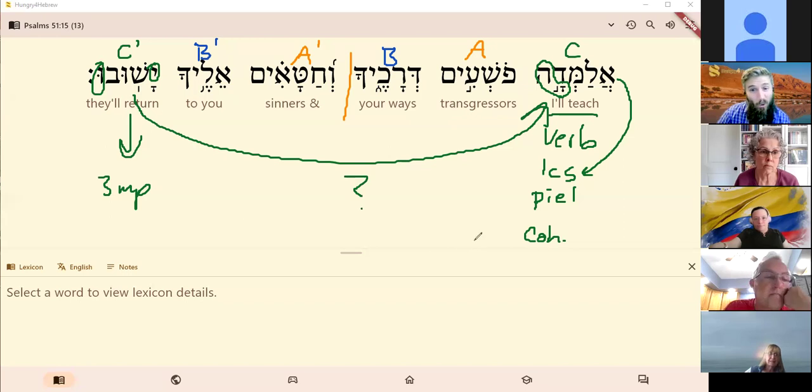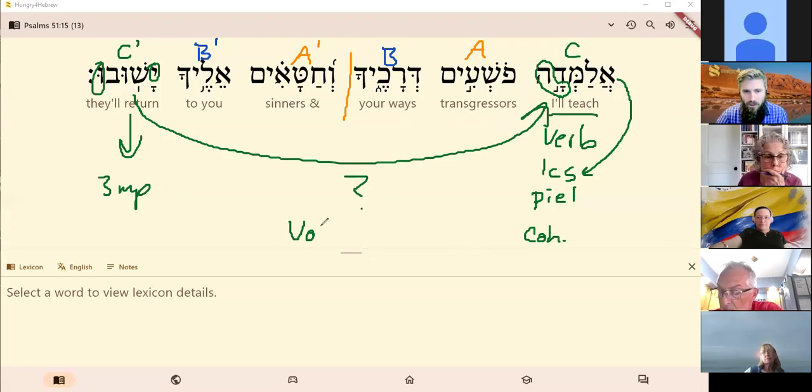But we just had a cohortative. It's going to be a cohortative. Let me, not a cohortative. Right. Cohortative is first person, so it is probably going to be a volative. What I'm trying to get at is the volative forms in the third person, like this one here, Yashuvu, oftentimes they appear the same as the regular yiktol verbs.